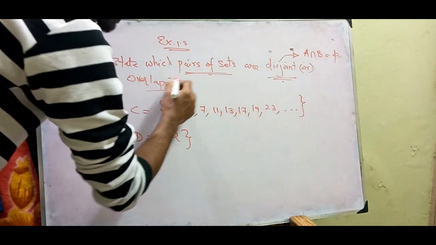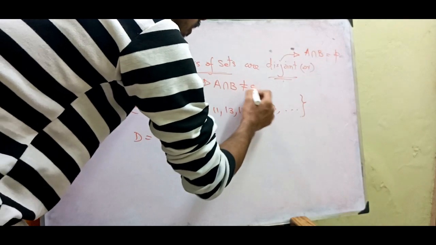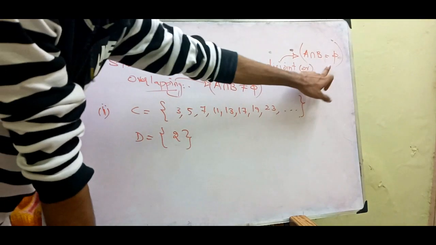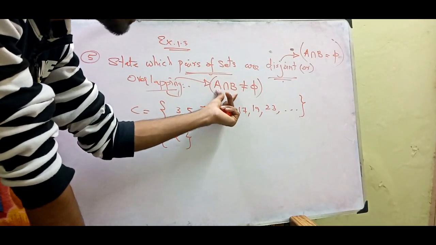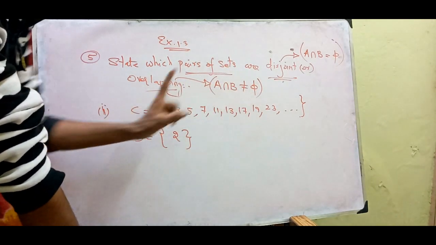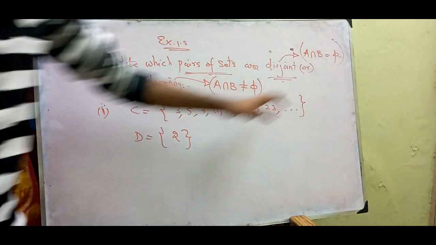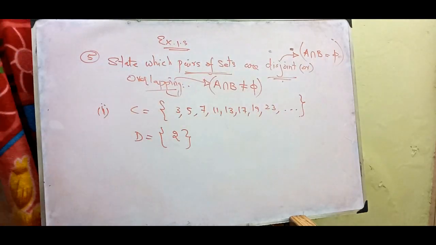For overlapping sets, A intersection B should be non-empty. Any two sets whose intersection is empty, we call disjoint. If the intersection of any two sets is non-empty, those sets are overlapping.